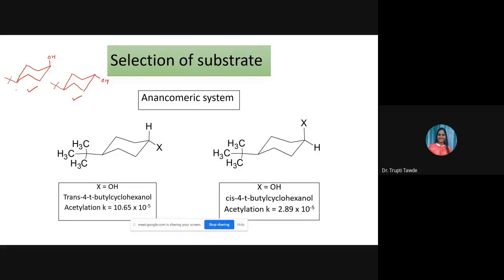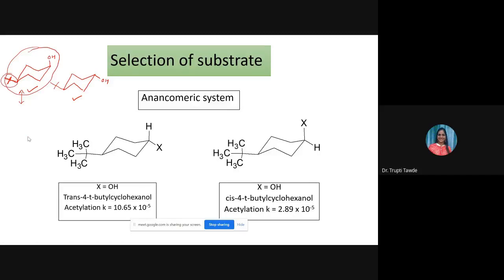Okay, now for example, let's say this one. Now we can see this bulkier group is at equatorial location and OH is at axial location. If suppose they try to flip, what will happen? If the flipping at all happens, what will happen to this tertiary butyl group, which is at equatorial position, that will go to axial position.